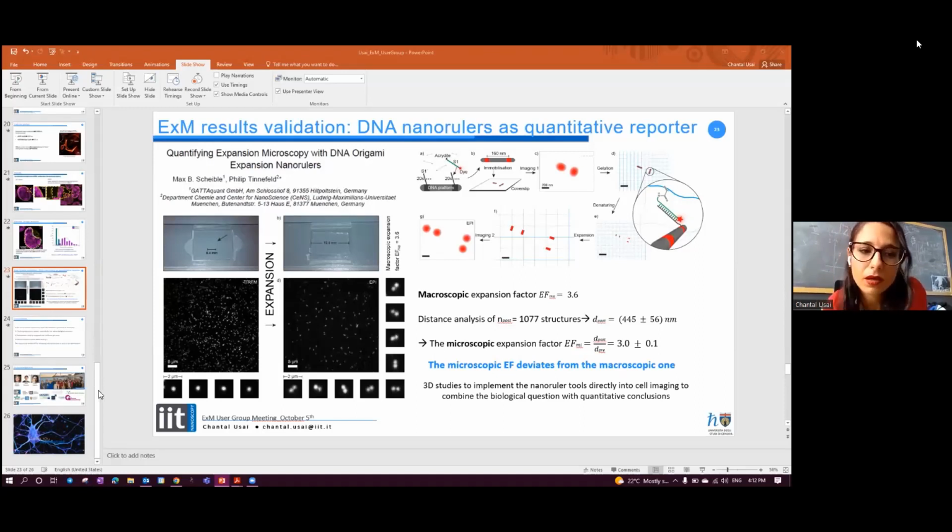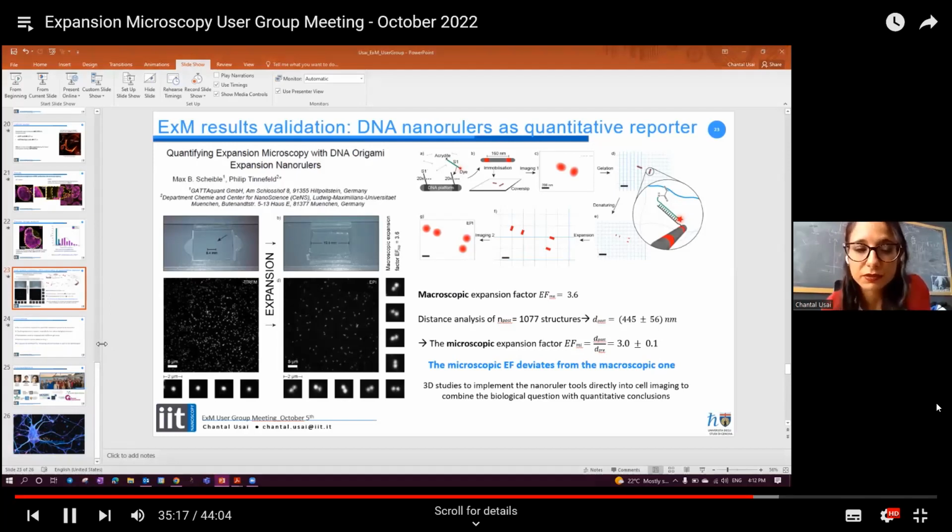Are you doing the 2 anchoring steps, or do you have a combination anchor? At the moment, we are using the ACX anchoring, the one based on the succinimide ester. We tried the first one, NHS, but now we moved to the second one, which is the one they use in protein retention expansion microscopy, which gives better results for us. But we will also try to do something else.